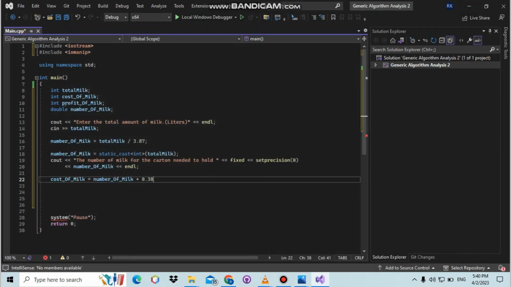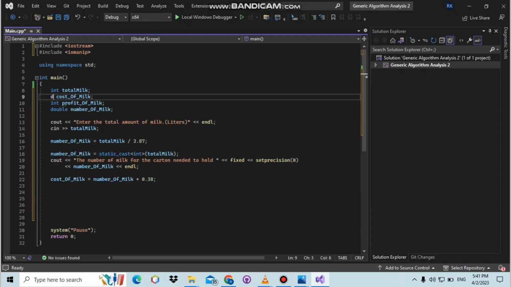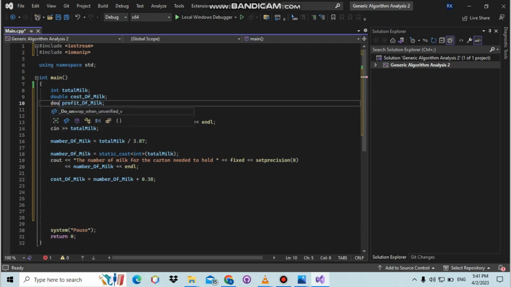Awesome, 0.38 in dollars. So again we're calculating how much the cost to produce them is. And again I want to use an integer there. Let me make this also double, because double will be easier for us to use. Make profit also double, and you convert them into integers.